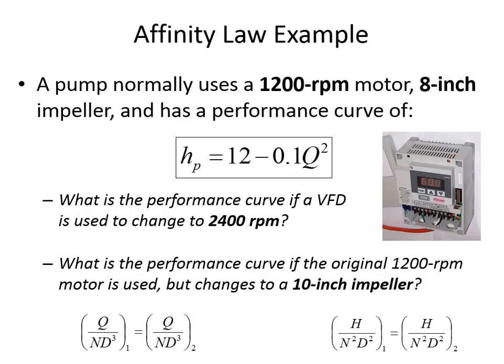Right, yeah, that's it. Okay, so we want to take the 1200 and the 2400: 1200 RPM times 2 pi divided by 60.